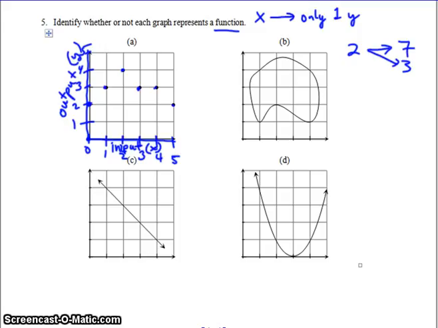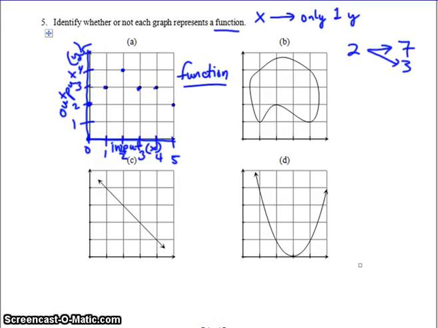If you notice, all the inputs here have just one output, so therefore this is a function. You can look at it that way, just checking to make sure that for every x there's only one y, or for every input there's only one output.